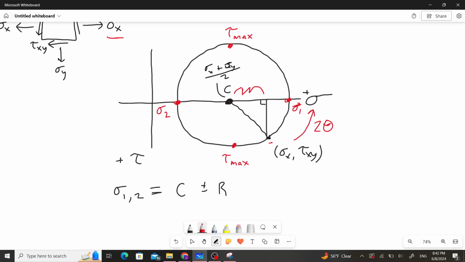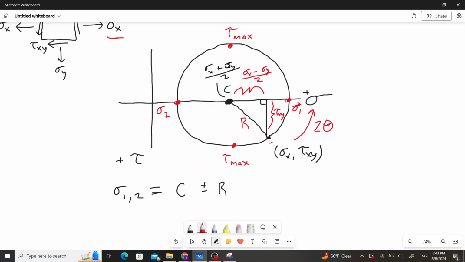So if we were to subtract those two, we'll end up with that distance being sigma x minus sigma y all over 2, and then this distance right here we can see is equal to tau x y, and then our radius is right here.